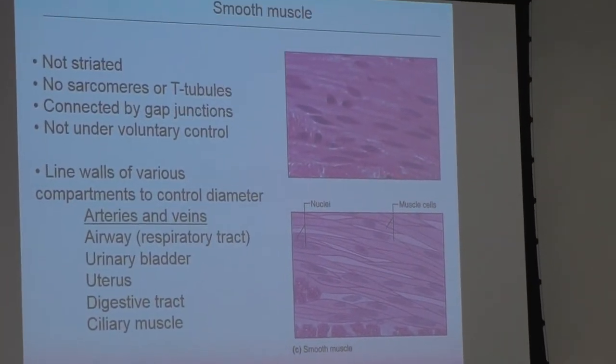But you see what I'm saying? The sympathetic nervous system controls the contraction of the heart muscle, but it's not really under your conscious control. And the same is true for smooth muscle. You can't control the diameter of your arteries or veins. You can't control the contraction of smooth muscle in your digestive tract. Your nervous system does control those things, but it's not part of your voluntary mechanism.